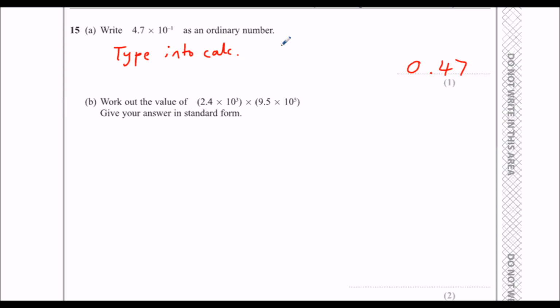B. Work out the value of 2.4 times 10 to the power of 3 times 9.5 times 10 to the power of 5. So again, type it into the calculator and see what we get out.